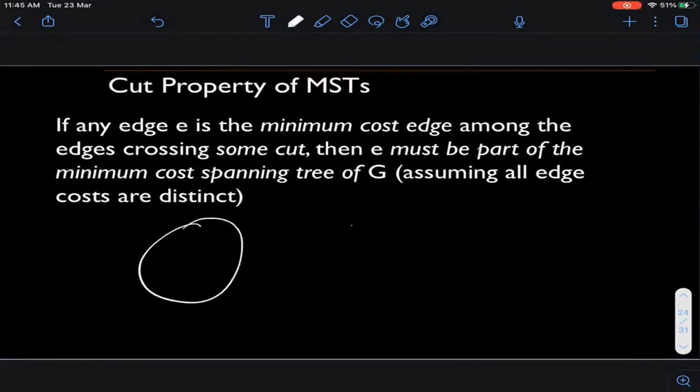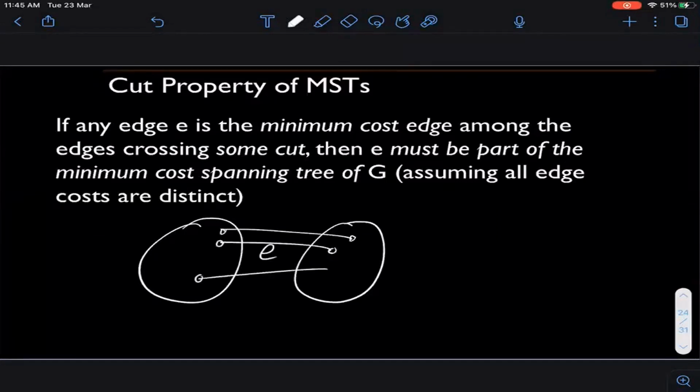Suppose there is an edge E, right, such that there is some cut. Okay, this some cut is very important. So both is very important. Suppose there is any edge and there is some cut such that E is the minimum cost edge among the edges that are crossing over.